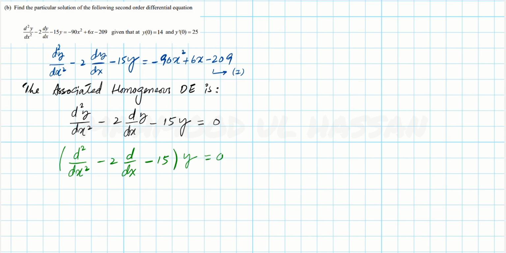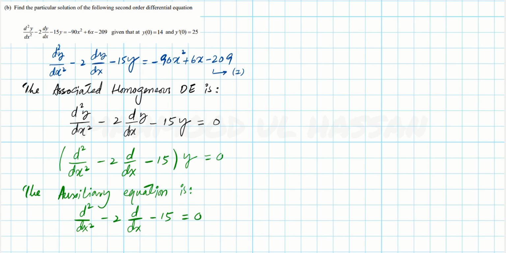Then the auxiliary equation is d squared over dx squared minus 2 d over dx minus 15 equals 0.